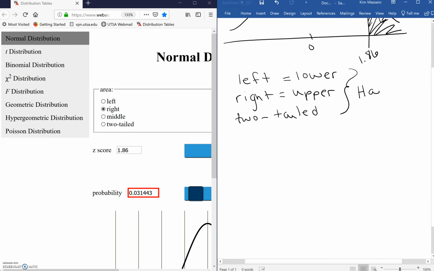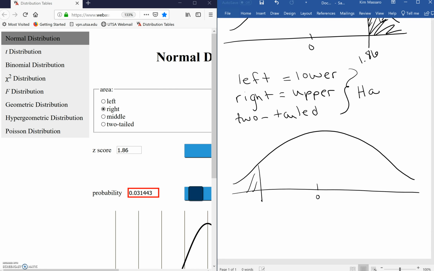Let's take a second example of a lower-tailed test. For a lower-tailed test, we shade the left part of our curve. But I also need to change in WebAssign to the left tail. Consider a z-score of negative 1.69.